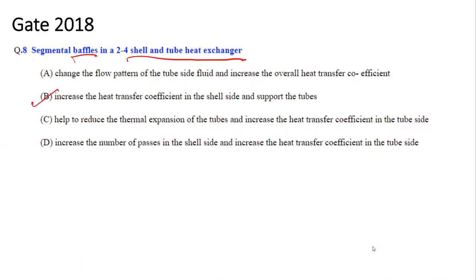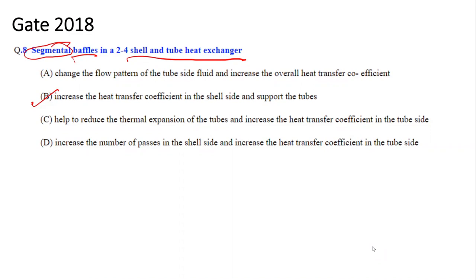So you see there are two shell passes in the described heat exchanger, hence the term segmental has been added to the baffle, but anyways the function of the baffle remains unchanged. So baffles are essentially to create turbulence and guide the flow on the shell side.